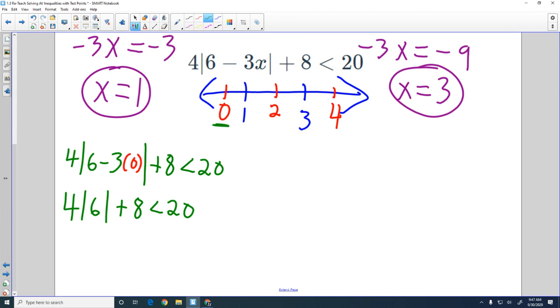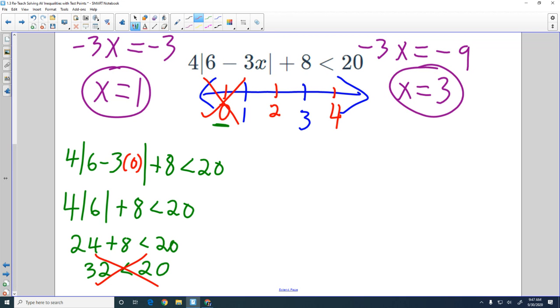The absolute value of 6 is still 6. 4 times 6 is 24. And then 24 plus 8, that is 32. And so now look at this inequality down here. Is 32 less than 20? No, it is not. So that tells me that all this area to the left of the 1 does not make it true. So that is not part of my solution.